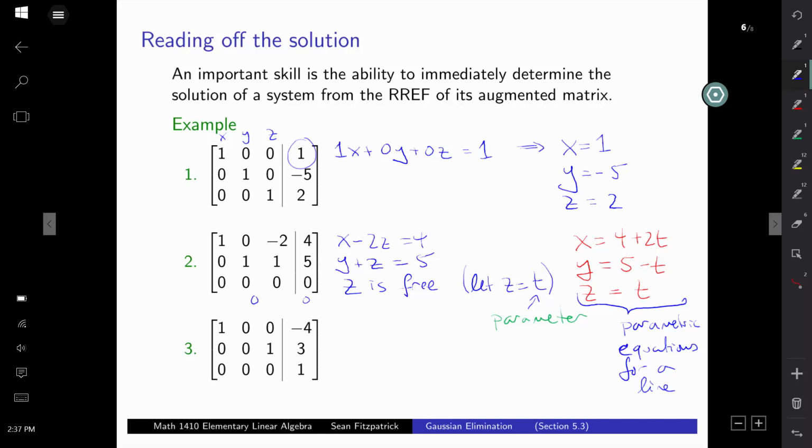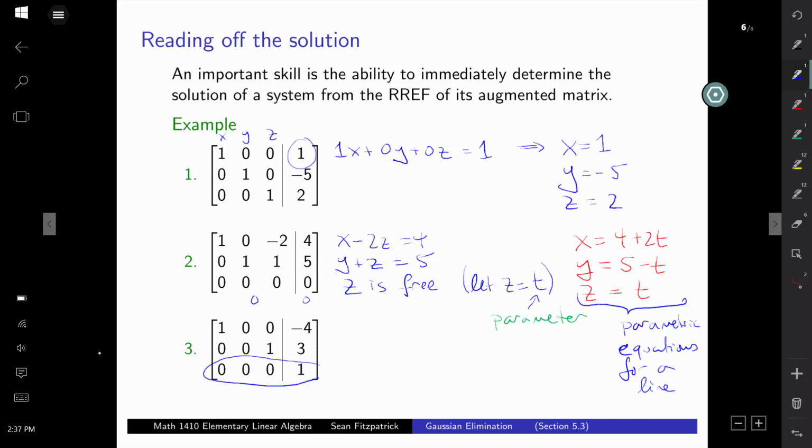And one of the things that tells us is we can interpret the solution to this system geometrically. So geometrically, the solution to this system is a line in 3 dimensions. It's a line passing through a given point in a given direction, and every point on that line represents a solution to our system.